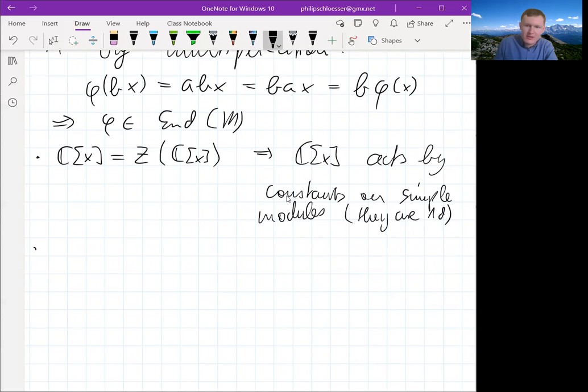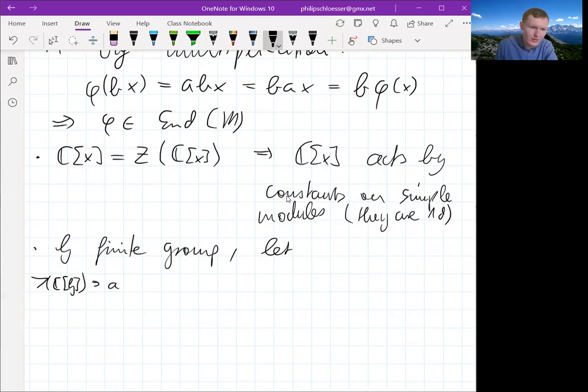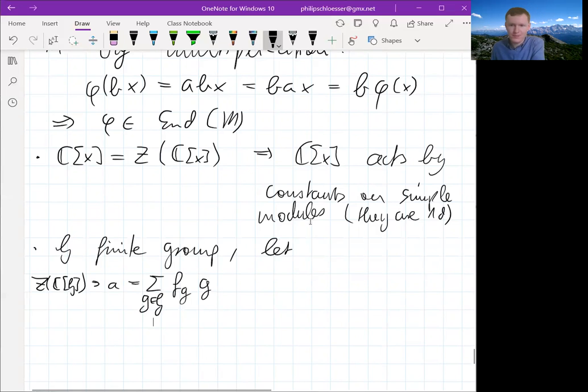Now I guess the more interesting example is if G is a finite group. Let's say A is in the center of CG, sorry, not C, Z. Let's say A is equal to the sum of f_g g, with the sum over all elements g in the group.